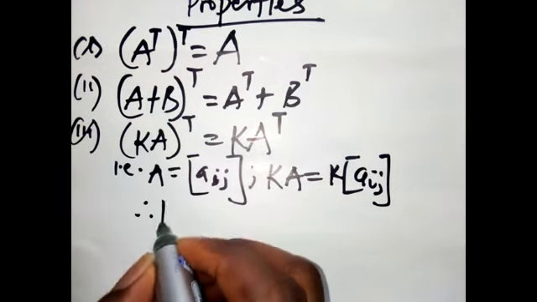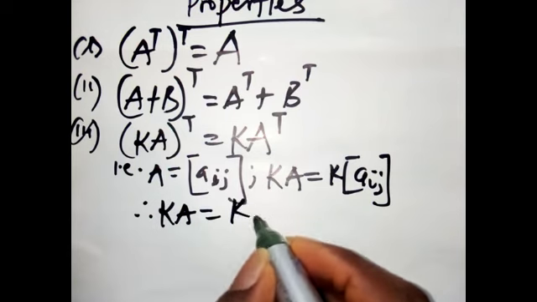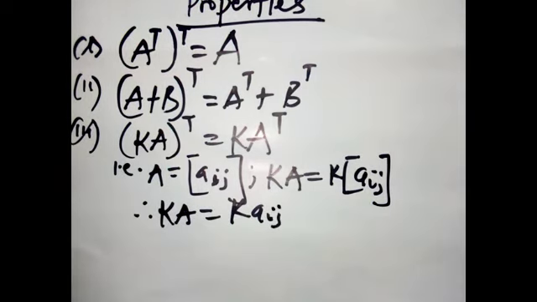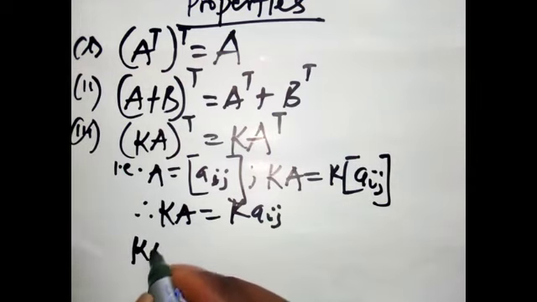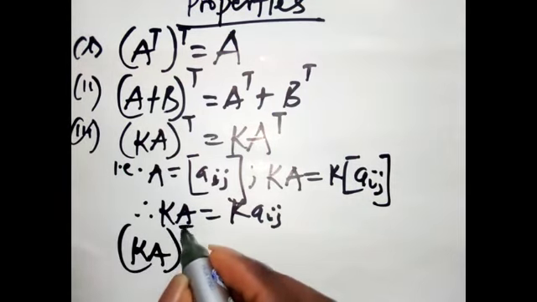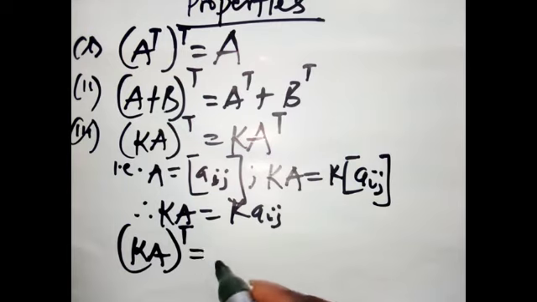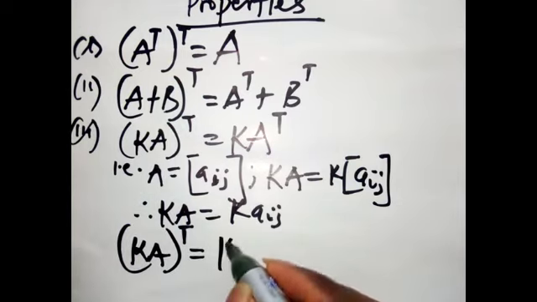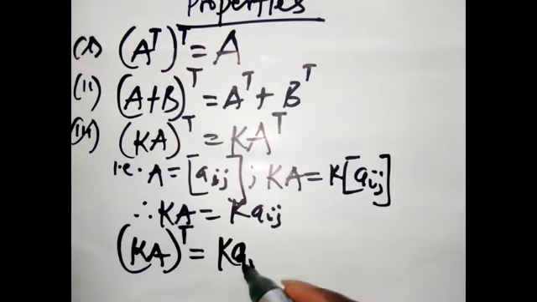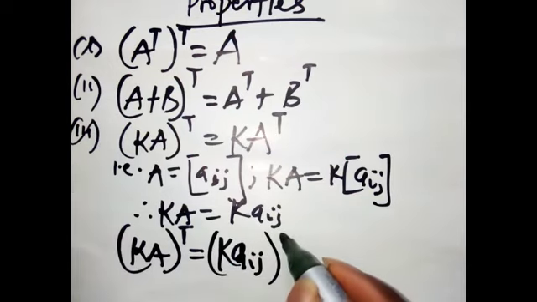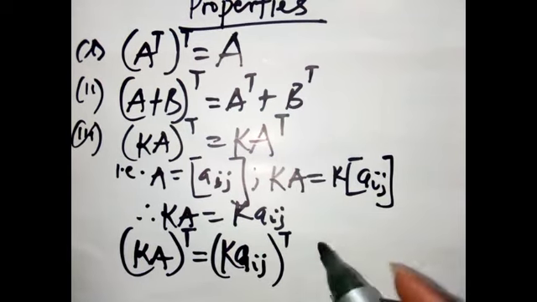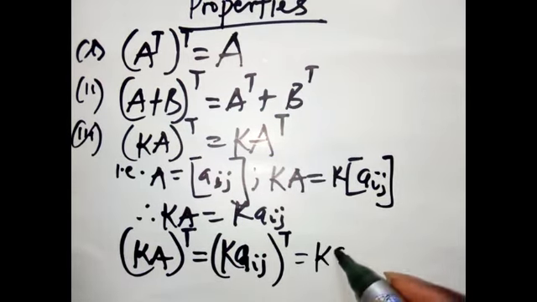Therefore, KA will be equal to K aij. If we take the transpose of this, we'll have K aij transpose, which is equal to K aji.